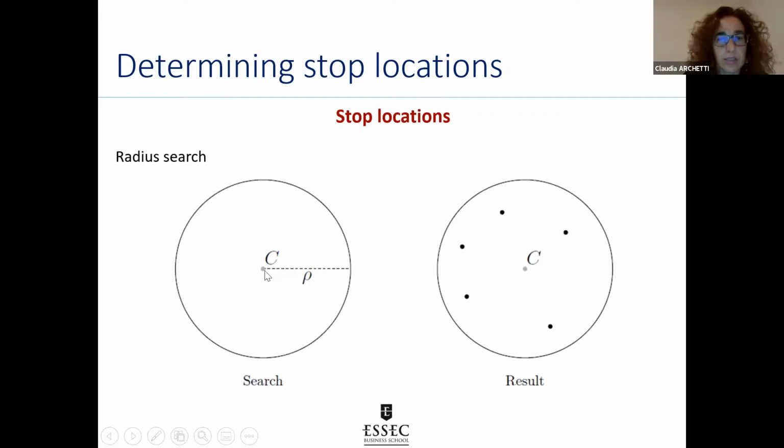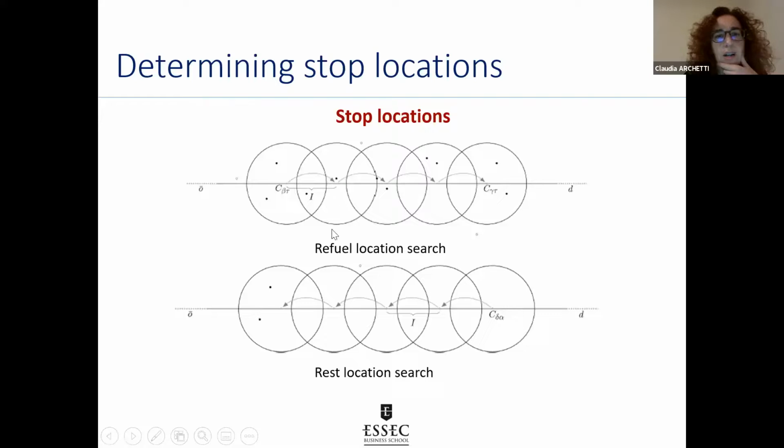So this is C, our center. We have a radius, which in our case was set to 5 kilometers. And then we have a circle centered at C. And then we consider all the interesting stop locations that are within this circle, either refueling stations or rest locations.